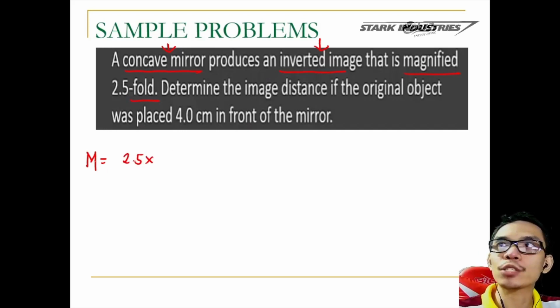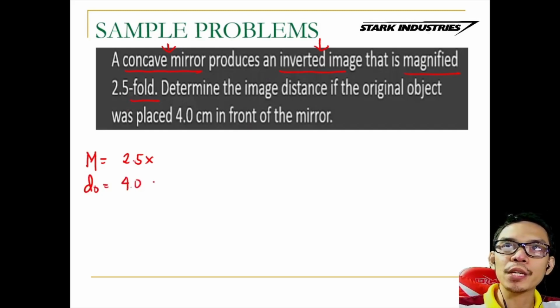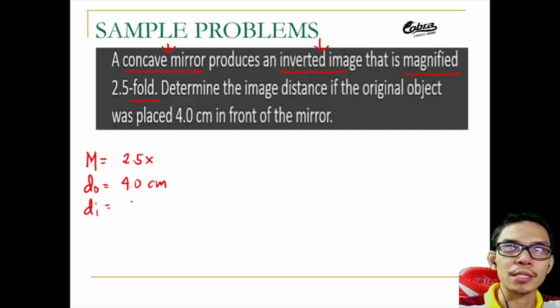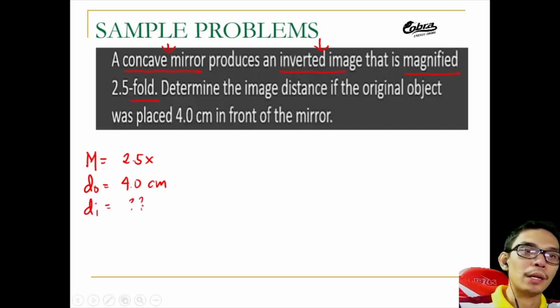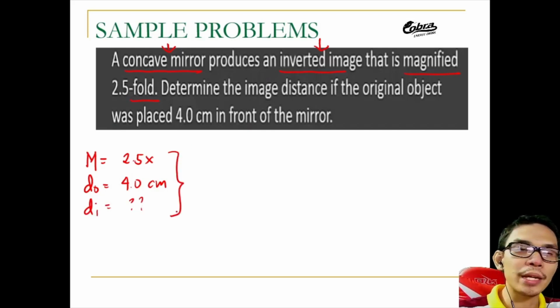Next, we have the original object, so the distance of the object should be 4.0 centimeter. We don't have any problem with this one. We are asked to find the image distance. Now, let's check the data if they are all correct.